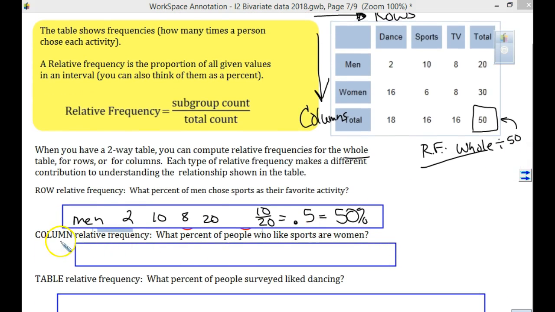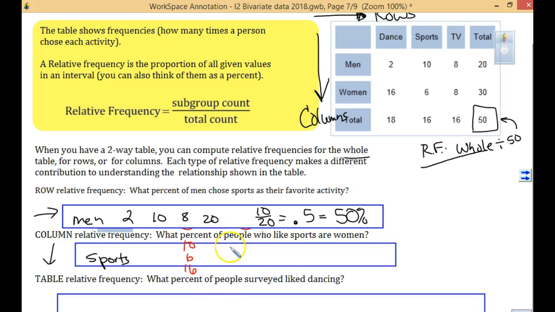The next one says column relative frequency. So this was our row going across. Now we're going to do column going down. It says what % of the people who like sports are women. So under sports, we're going to write down sports. And our numbers going down in that sports column were 10, 6, and 16. So I'm going to put 10, 6, and 16.